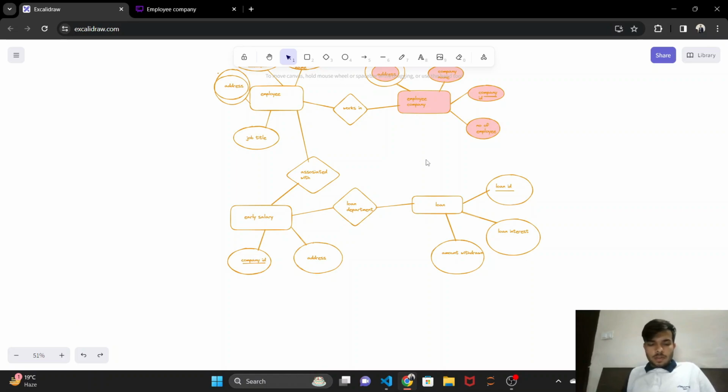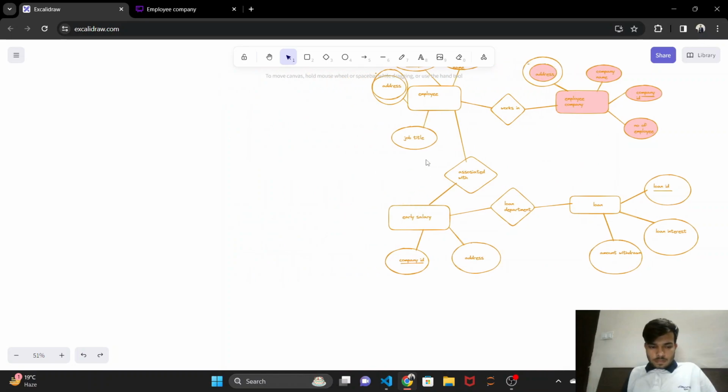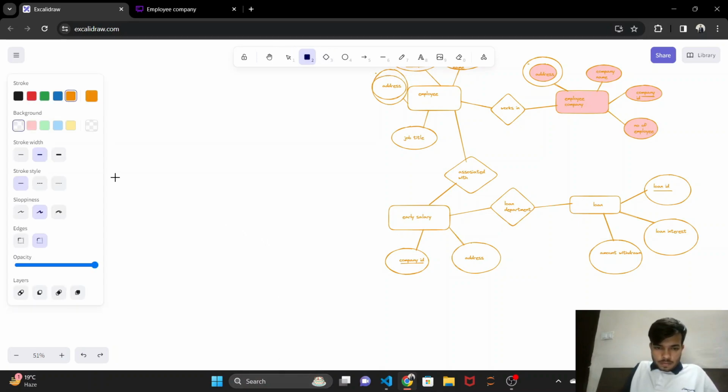Another entity that we will be introducing is bank, the financial body with which early salary will be associated.